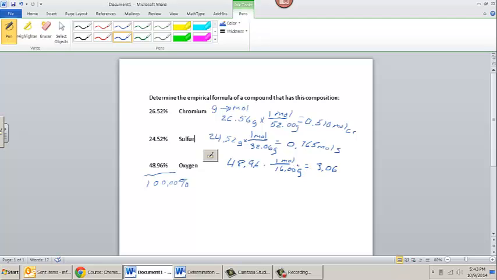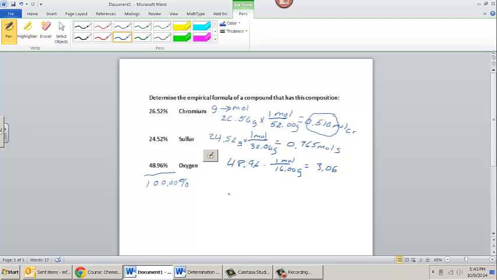So now we're going to do the same thing that we did in the other problem with the empirical formula determination, and we're going to take the element that has the fewest number of moles, which in this case is going to be the chromium. Its molar abundance is 0.510 moles. So then we're just going to divide the other numbers by that.